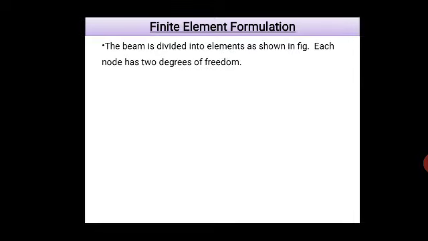Now, the necessary thing is to formulate the finite element by considering its degrees of freedom. Let us consider a beam element which has two end nodes, and each node has 2 degrees of freedom.